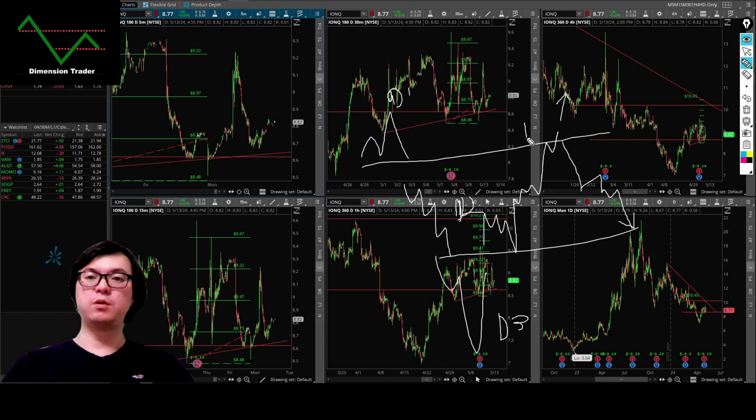Dimension 4 is going to be our first reversal, and dimension 5, of course, is going to be our second reversal or continuation going down. So these charts make a complete cycle of the pricing.